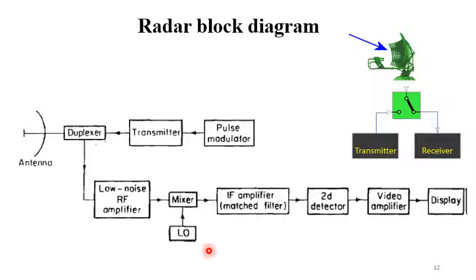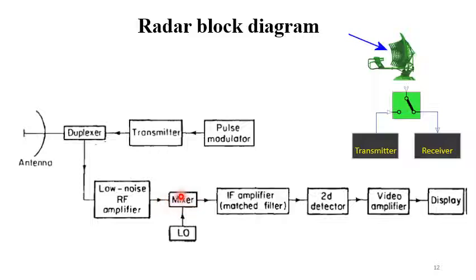Now the receiver is a usual superheterodyne type of receiver. The first stage is the low noise RF amplifier, and this takes care of the overall system noise figure.